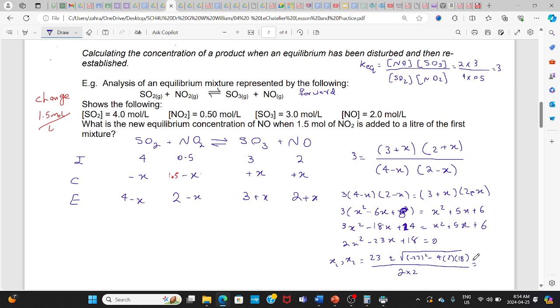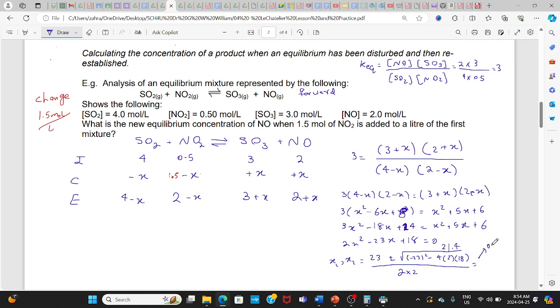Okay, I need my calculator. Oh, thank you. So it's 23 plus or minus the square root of 23 squared minus 4 times 18. That's it. This is 21.4. I just round that. So 23 minus 21.4 divided by 4 is 0.4.